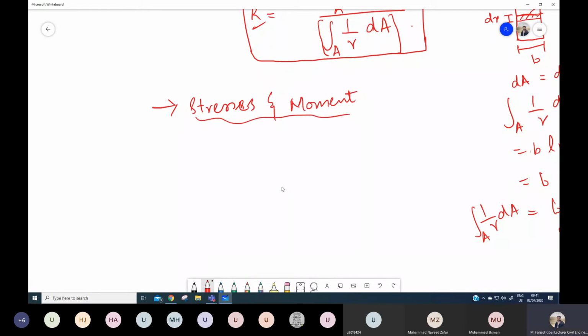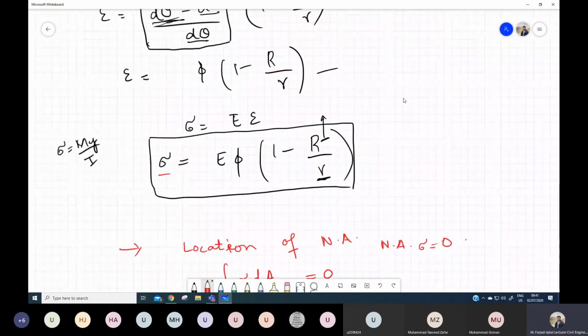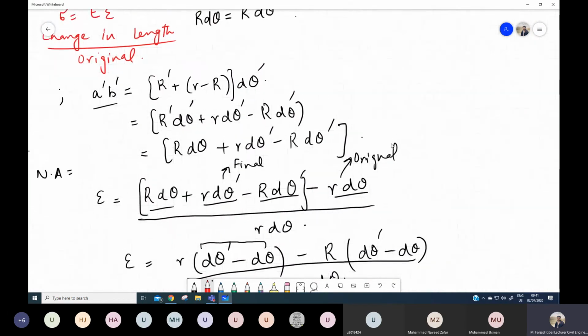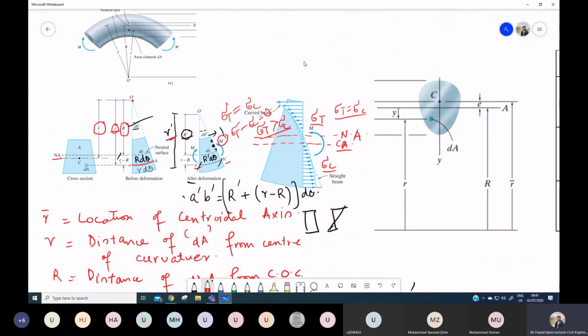To correlate the stresses and moment, if you can recall, you have used one condition in the flexure formula as well. For example, let's assume that this cross section over here is similar to this one, because this is also a random cross section. This is the differential area dA on which we have calculated the stress equation, right?